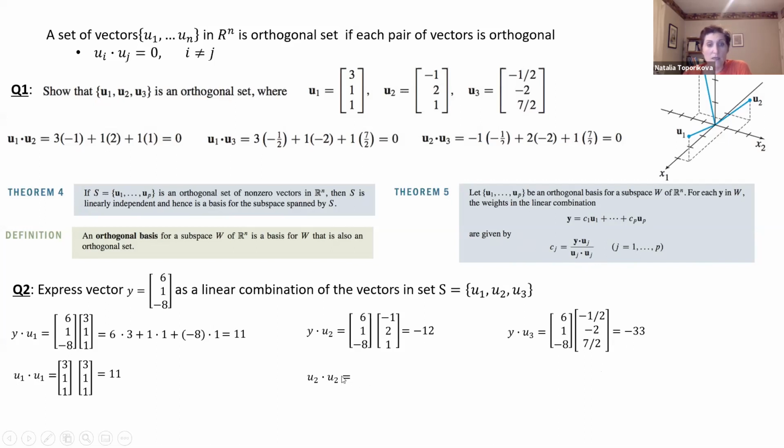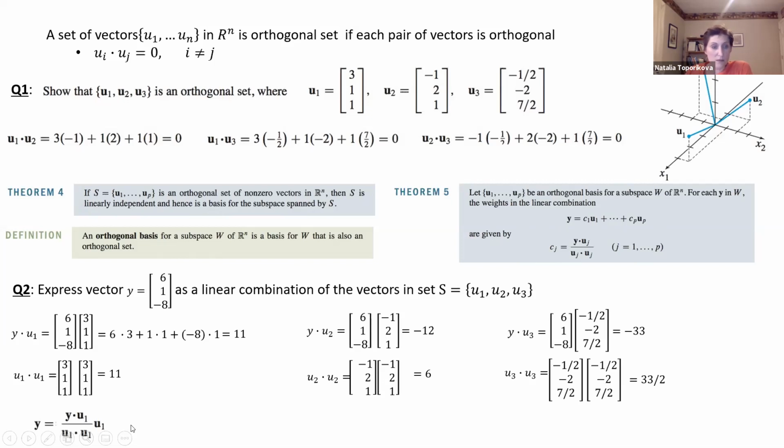Now we take the dot product of u2 by itself, which gives us 6, and finally u3 by itself, which gives us the number 33/2. Okay, so now we have all the numbers we need to find our weights Cj and express our vector y along the given orthogonal basis u1, u2, and u3.